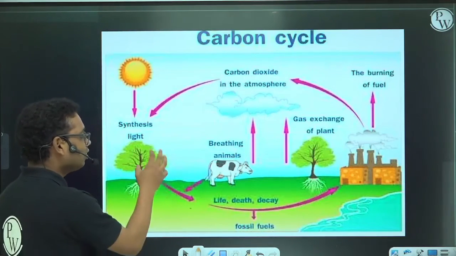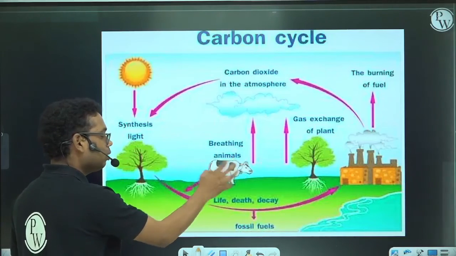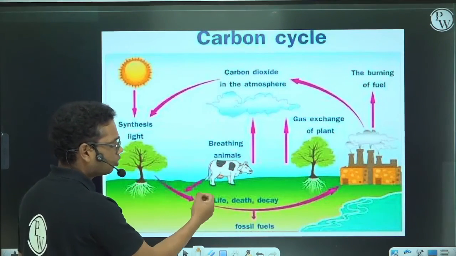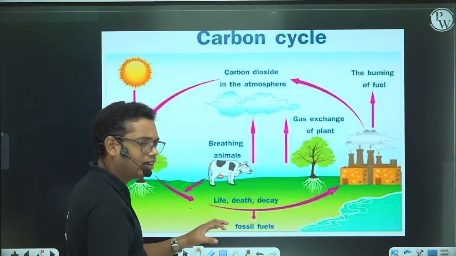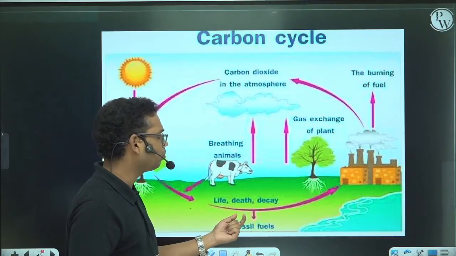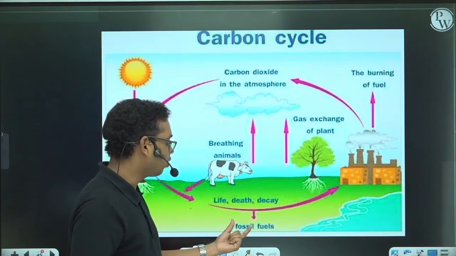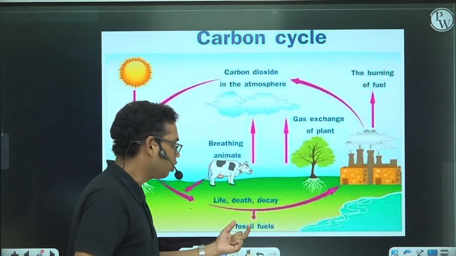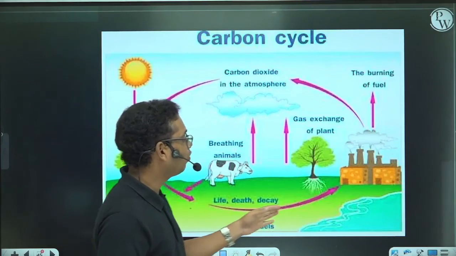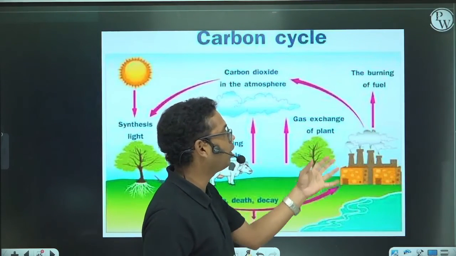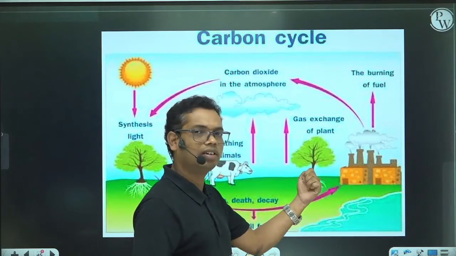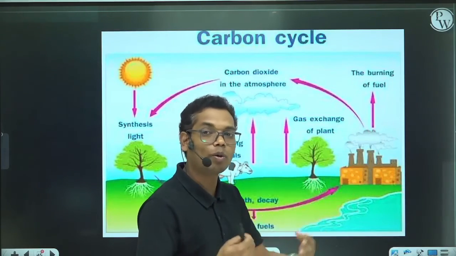Whether animals or plants, when they die and decay, that carbon is stored in the form of fossil fuels, and they are used in different areas like factories or automobiles.